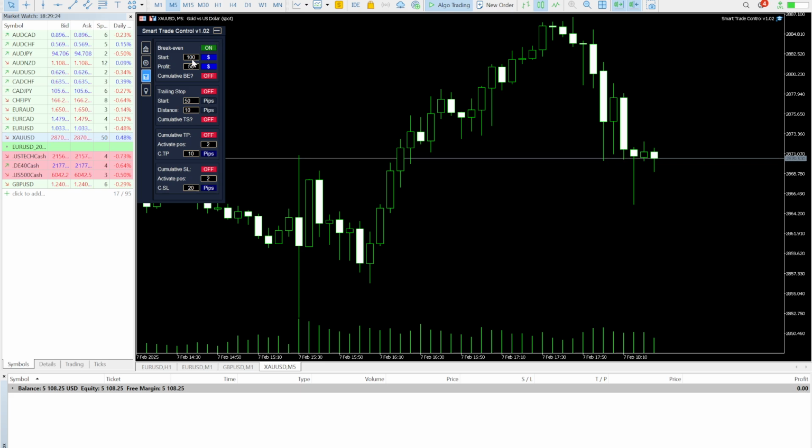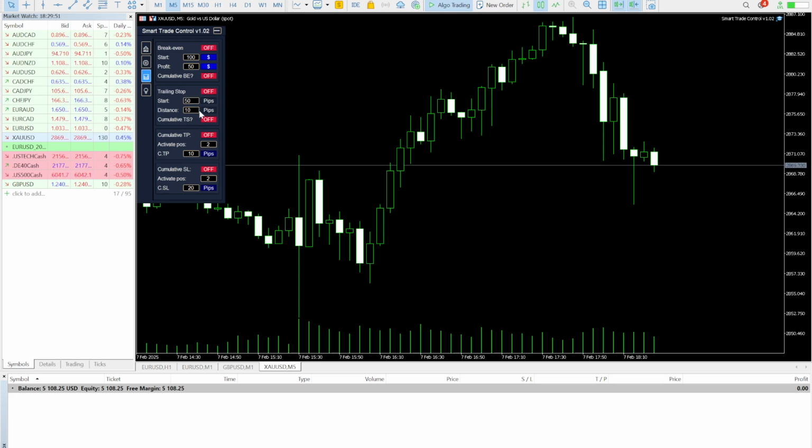So if it's set to $100 and we secure $50, that means the cumulative profit of those 3 positions has to reach $100. Once that happens, it then moves the stop loss to where you're going to lock in $50 when all of those positions are closed. So it can be that one of them is going to be a loser and the 2 others are going to be winners and whatnot, but it just accumulates all of it into one basket.